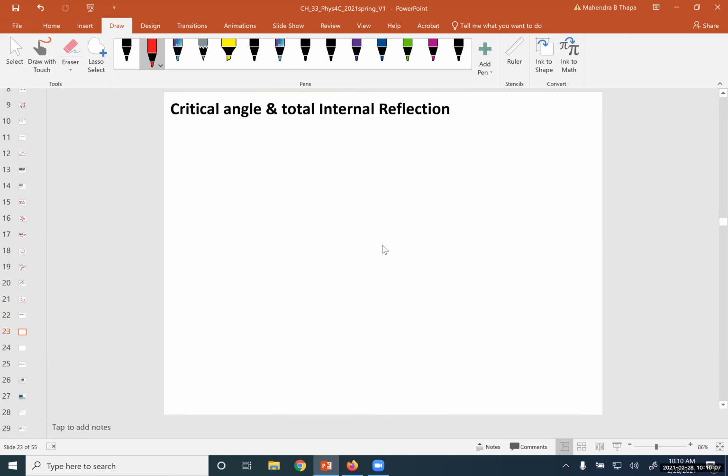Let's start the critical angle and total internal reflection. Okay, so let's start with a picture. Say I have two media. One medium is air, and the other medium is glass, for example.